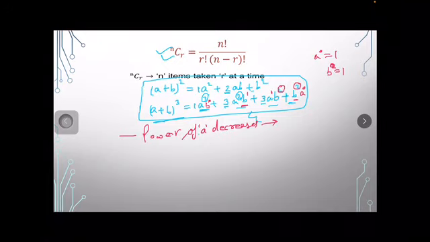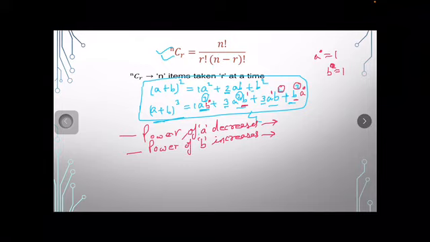Now what about the power of b? It increases here, 0, 1, 2, 3. So we say the power of b increases. You have to remember this: in this expansion the power of a decreases and the power of b increases.